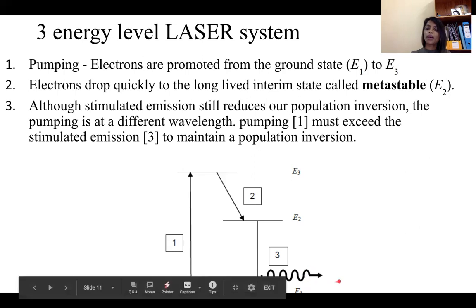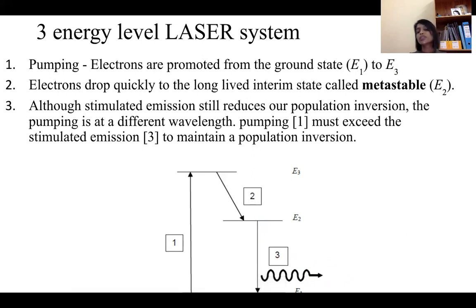When they reflect back and forth, these outgoing photons will again stimulate the electrons in E2 to come down, emitting more photons. So stimulated emission is there, and it still reduces the population inversion, but we have pumping at a different wavelength, and pumping must always exceed the stimulated emission.